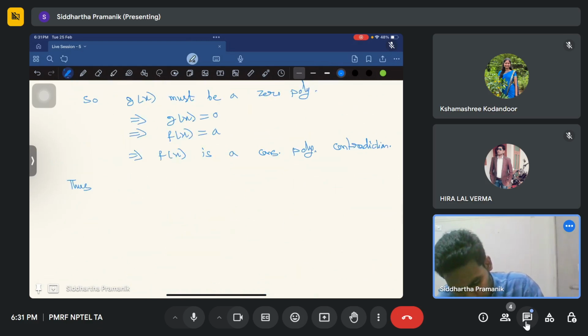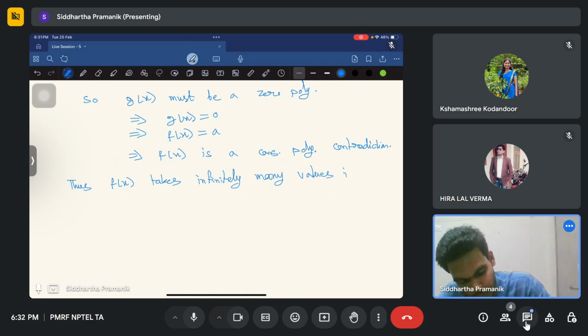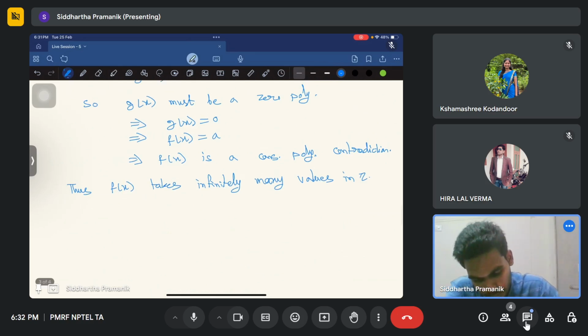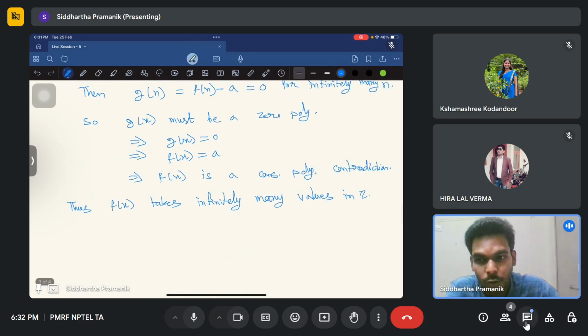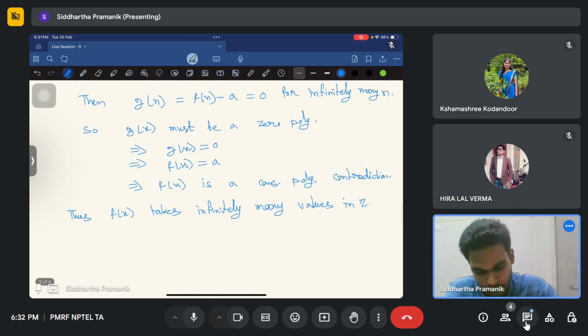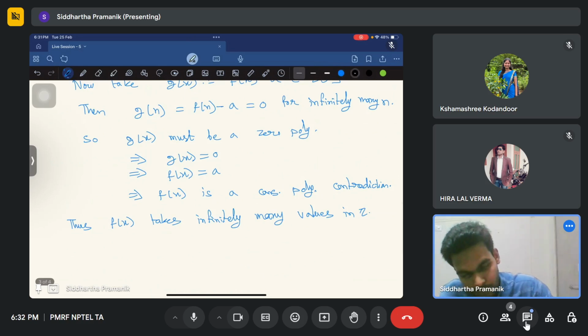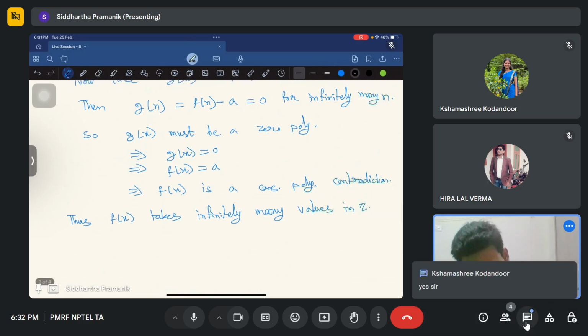Thus, f(x) takes infinitely many values in Z. Is it okay? Okay.